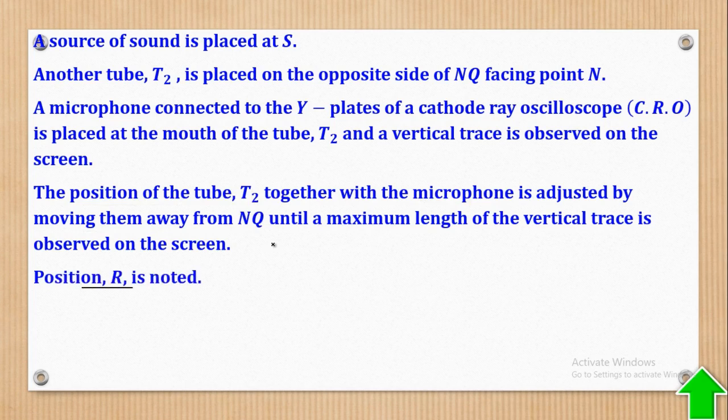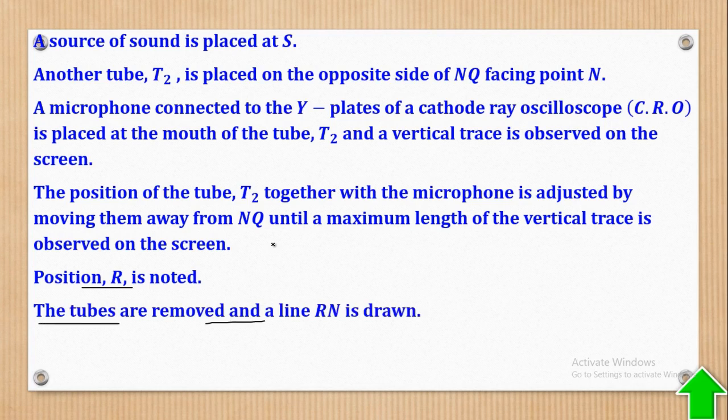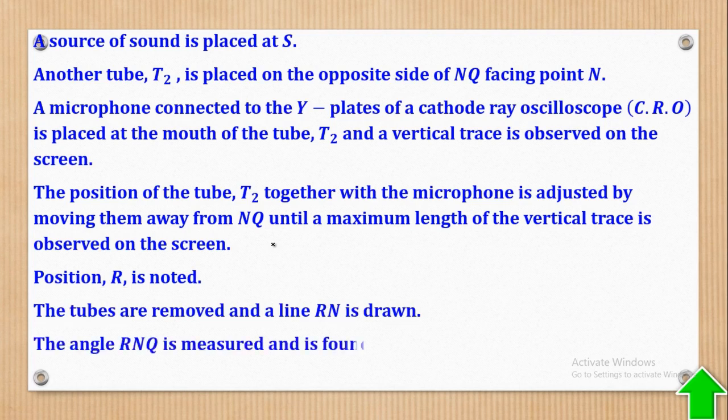The position R is noted. I think you saw it in the diagram. Then the tubes are removed and a line RN is drawn. The angle RN2 is measured and is found to be equal to angle I.